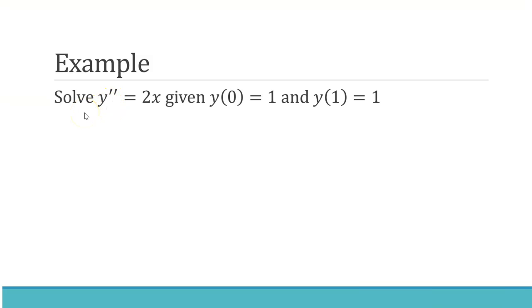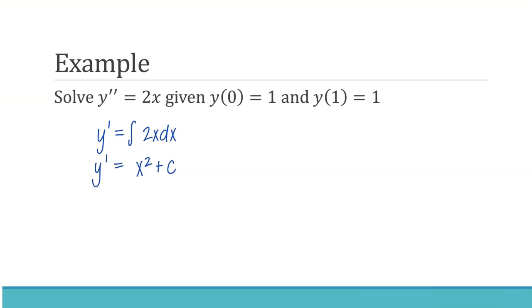So let's start by saying that if I integrate just once, I'm going to get y prime. So y prime is the integral of 2x dx. Well, the integral of 2x is x squared plus some generic constant c.